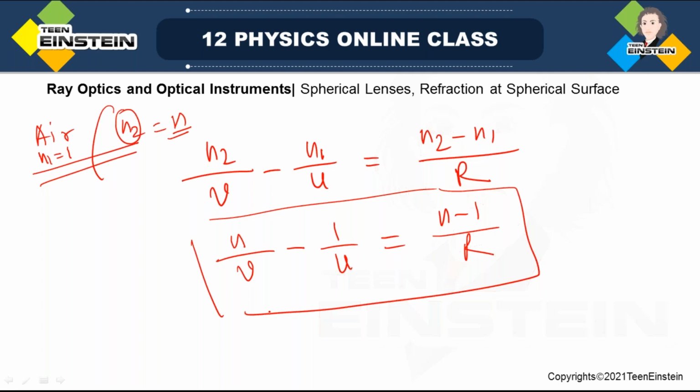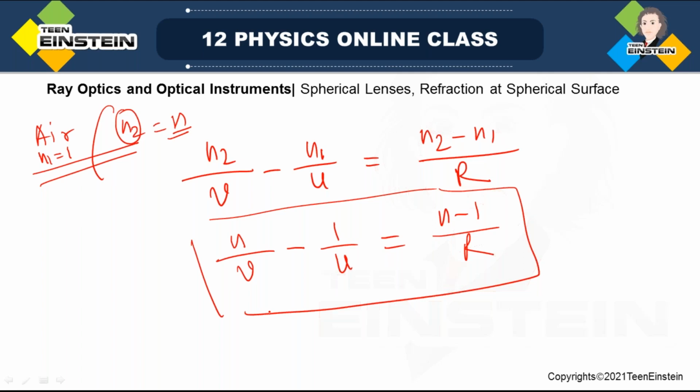I'll take up various examples and numerical problems some other day on this particular topic, refraction at the spherical interface. There are many good things over here. We'll be taking up numerical examples, then you might be able to understand better.